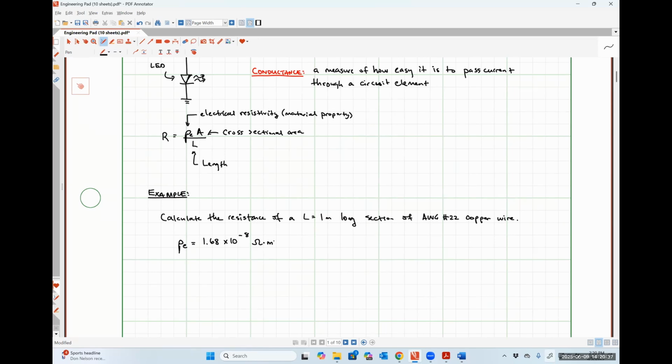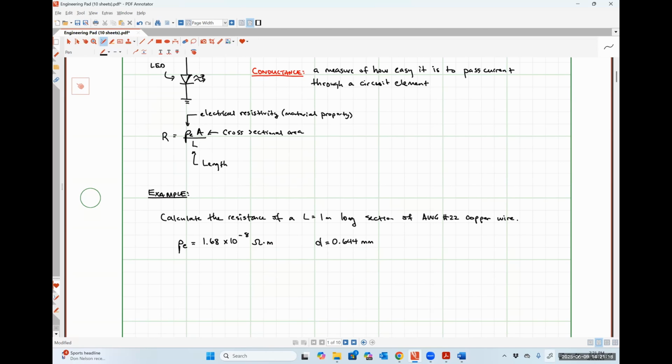And the diameter of AWG number 22 copper wire, at least according to Wikipedia, is 0.644 millimeters. Okay. So if we plug in all of the information that we were given, our resistivity, our diameter, which can be used to calculate the cross-sectional area, and the length of our wire, what we're going to find is that the resistance of a 1 meter long section of wire is actually quite small.